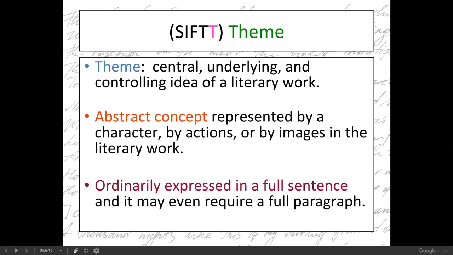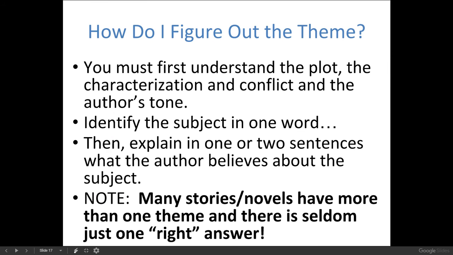Sometimes it might require a full paragraph. So how do we figure out the theme? You must first understand the plot, the characterization, the conflict, and the author's tone. It would help to identify the subject or the overall topic in one word, and then explain in a few sentences what the author believes about that topic or subject.